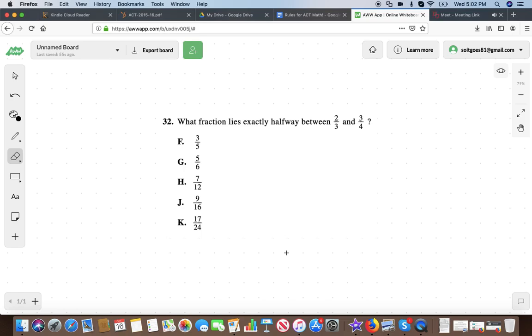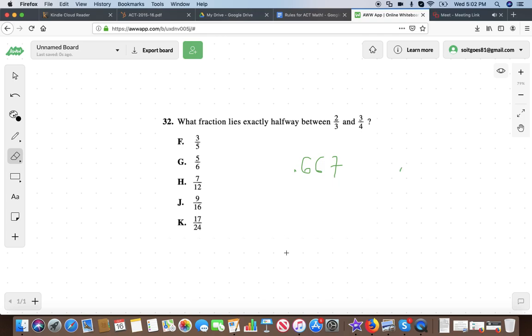Let's turn these into decimals. What's 2/3 as a decimal? 2 divided by 3 in your calculator. It's 0.666 repeating, or 0.667. What about 3/4? You run the calculator. 0.75.